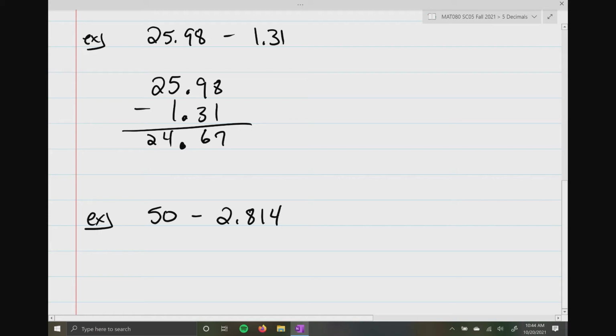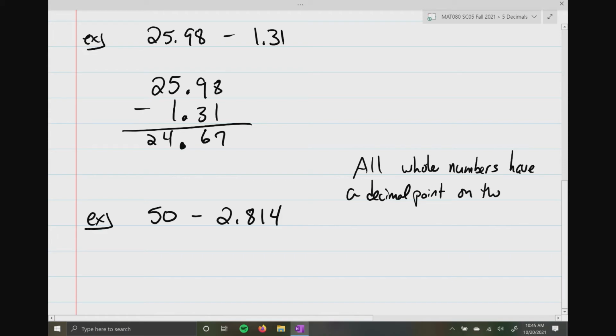But it does. All whole numbers have a decimal point on the far right side.